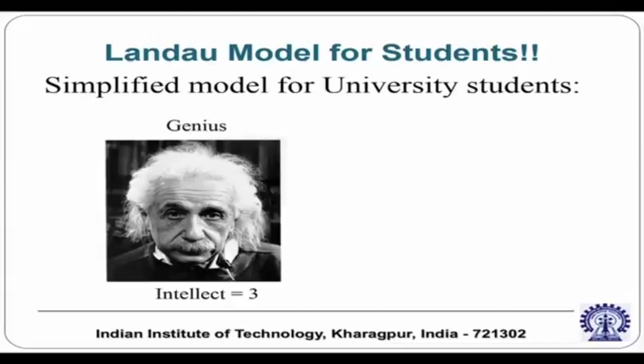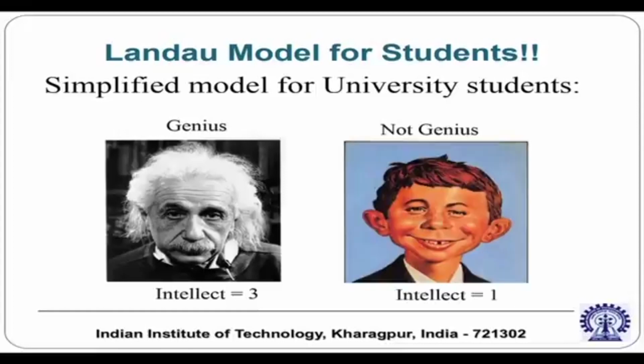As teachers, our regular work is to teach students. Now there is a university in which you have a student who is rated by a number from 1 to 3.